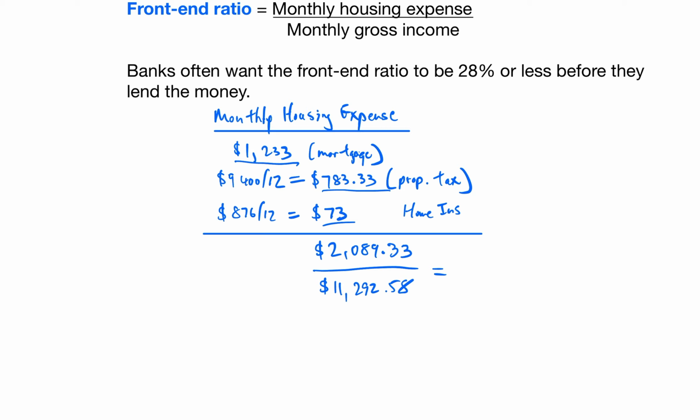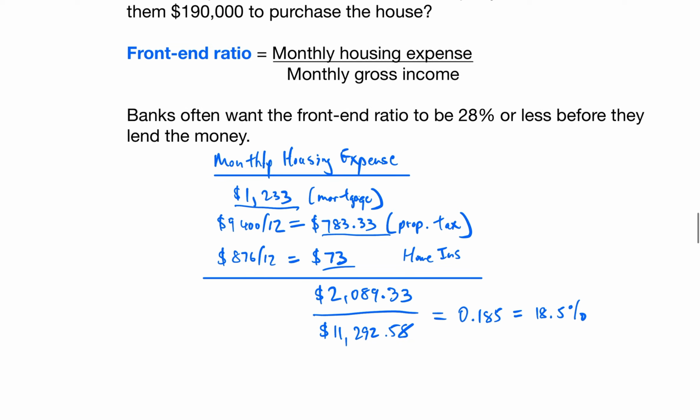And if we were to calculate that ratio, that works to 0.185 or 18.5%, okay? Which is still under the 28% threshold that most banks would look at, okay? So the answer is yes, the bank will likely lend them the $190,000 to purchase the house.